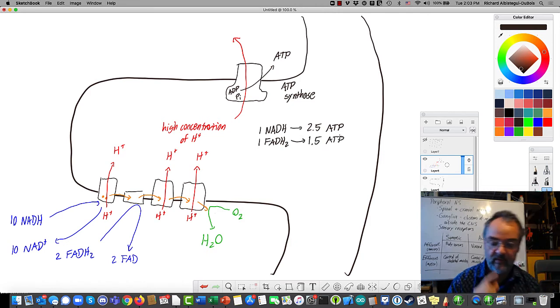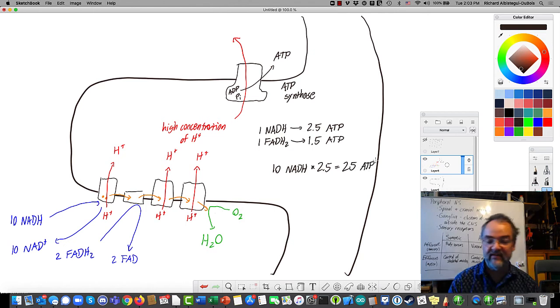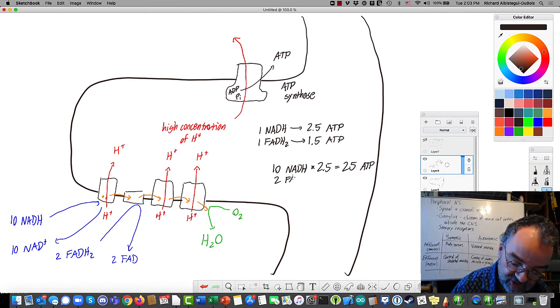So let's see how many we got from this. 10 NADHs, which is what we came into this with, times 2.5 each, means that for each original glucose, I'm getting about 25 ATP just from the NADH that was holding those electrons. 2 FADH2 times 1.5 each is about 3 ATPs worth.